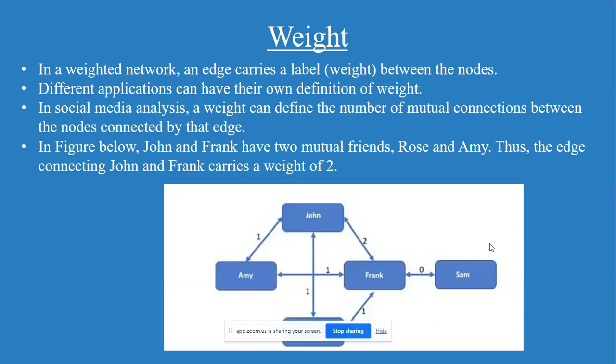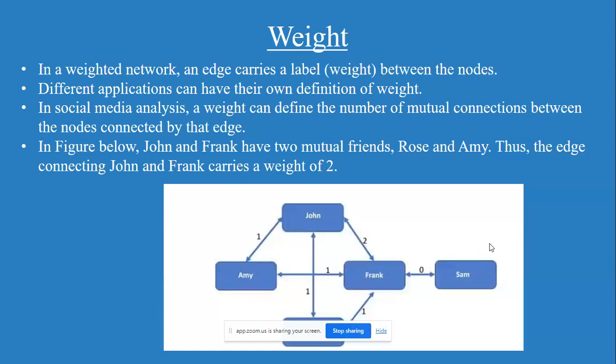Next, we will study weight. Weight represents the number of mutual connections between the nodes connected by that edge. For example, in the figure, John and Frank have two mutual friends, Rose and Emmy, so the weight between John and Frank for this network will be 2.